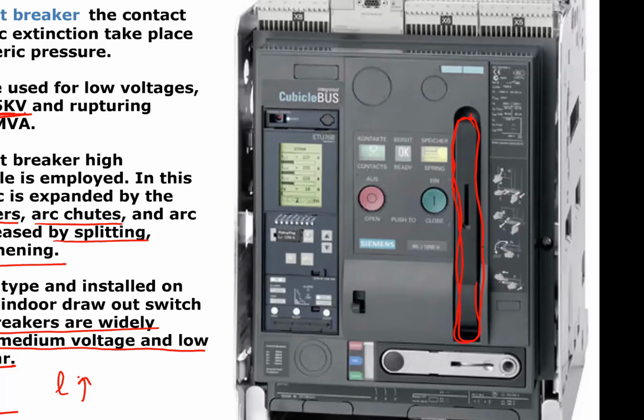You can pull it and pump it so that the spring gets charged. This entire cubicle is kept inside a drawer. Here you can see one lever; using this lever it can be pulled out or racked into the cubicle.